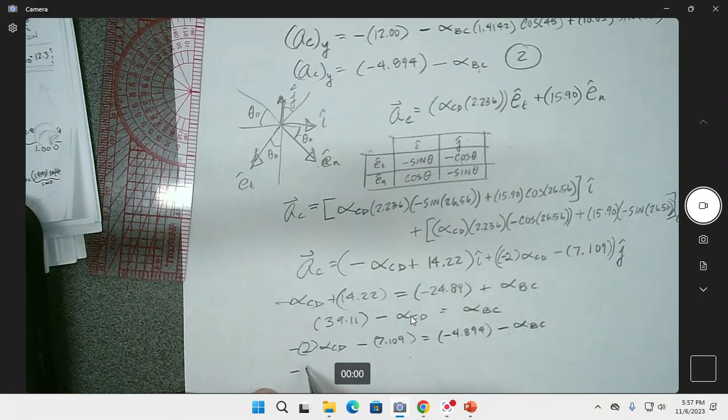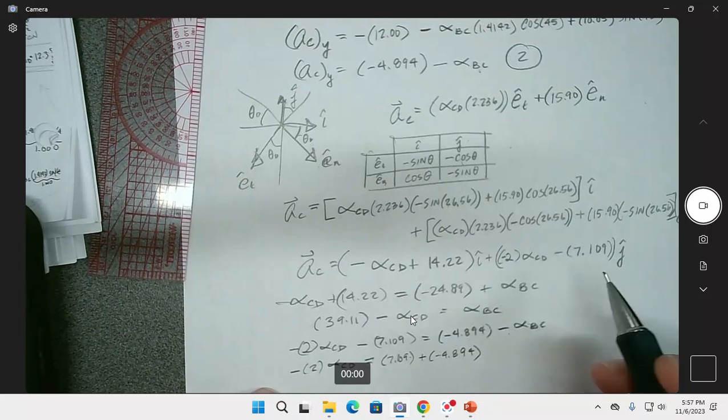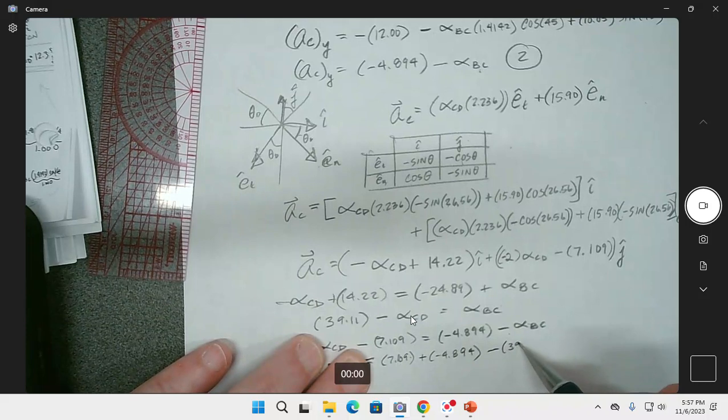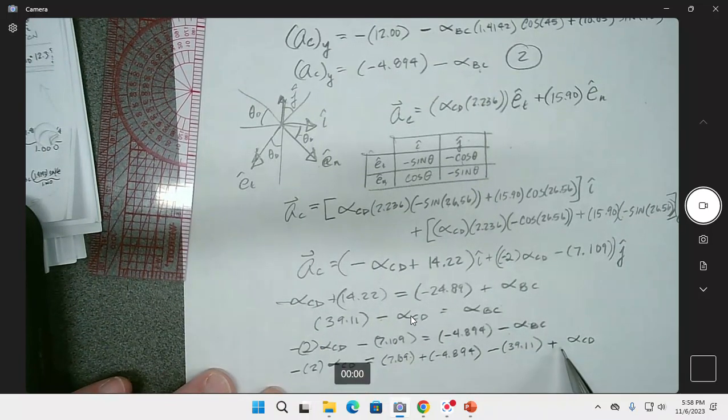So alpha CD equals 7.109 plus negative 4.894 minus 39.11 plus, because it's minus alpha CD. So that's going to come over here and go to the other side and be a negative 3.